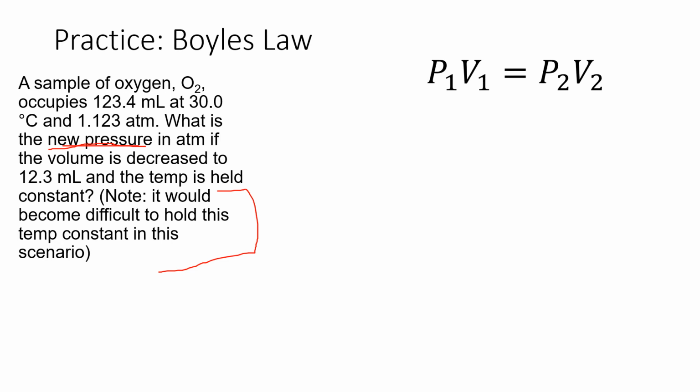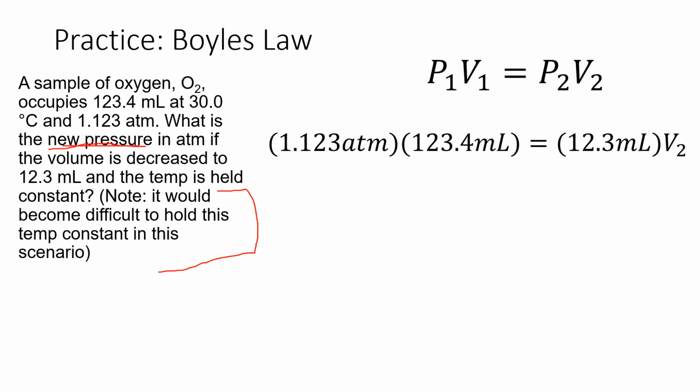Our relationship is going to be P1V1 equals P2V2. Well, there's what we've got. We can rearrange that algebraically by dividing both sides by 12.3 mils to solve for P2. 11.3 atmospheres of pressure.